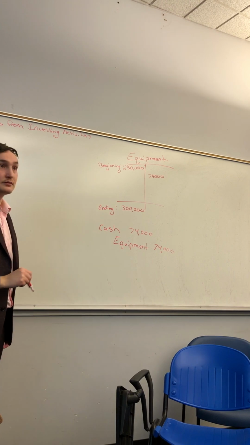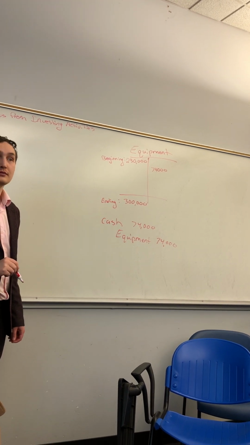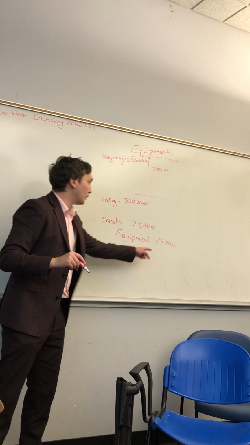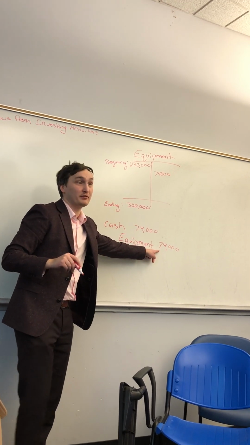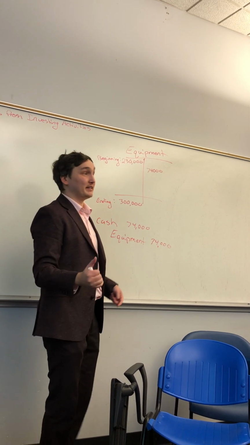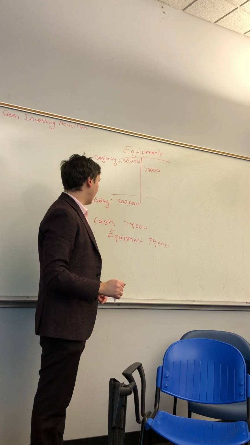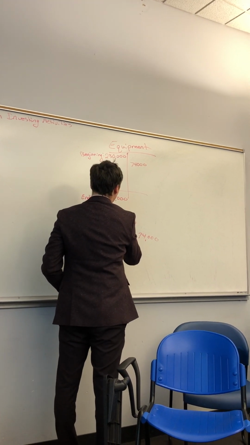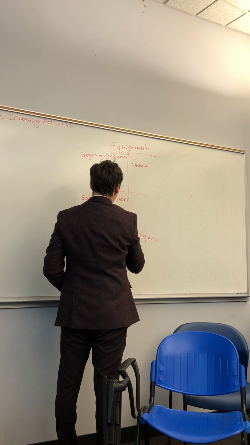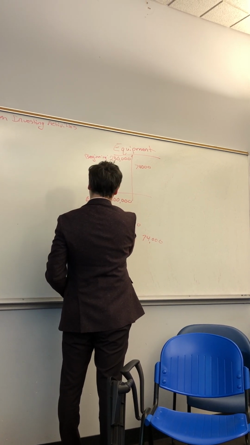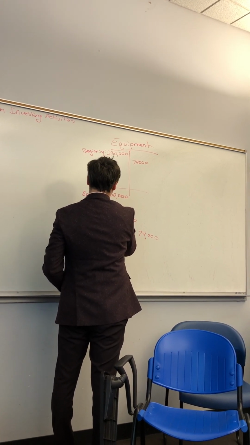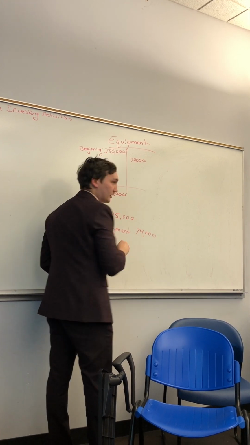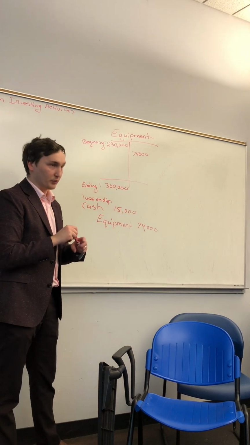We sold it for 15, but we have it on our books at 74,000, and we only get 15,000 for it. Oh, I see what you mean. So 15,000, and then we would have a loss on disposal for the difference there. Yeah, that's what I mean.